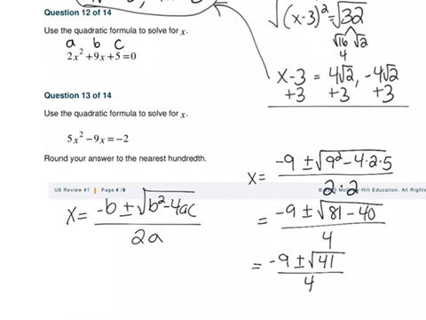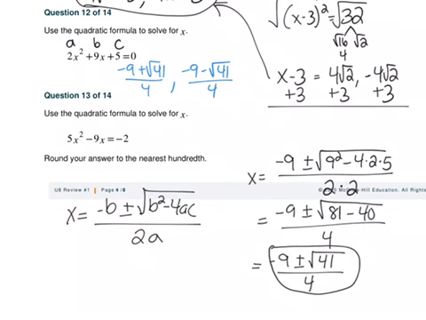And for this particular one in Alex, they want you to keep your answer just like this. So if they don't ask you to round, you're just going to keep your answer just like this. So your answer for number 12 would be -9 plus the square root of 41 over 4, comma, -9 minus the square root of 41 over 4.